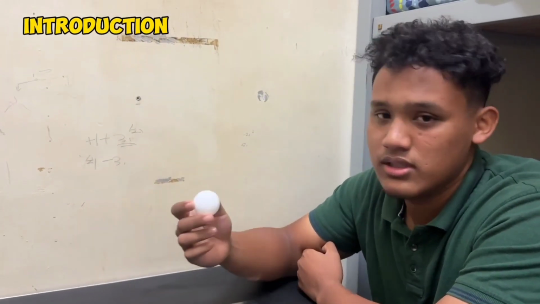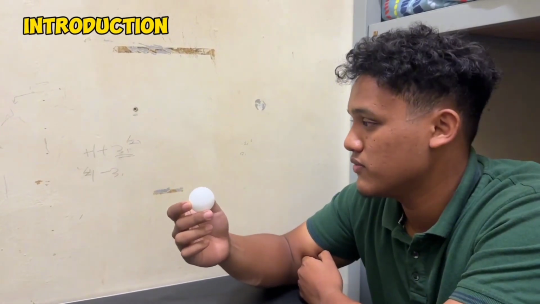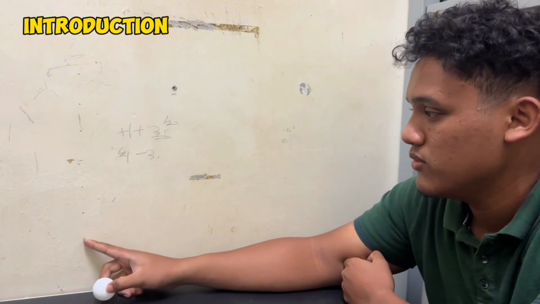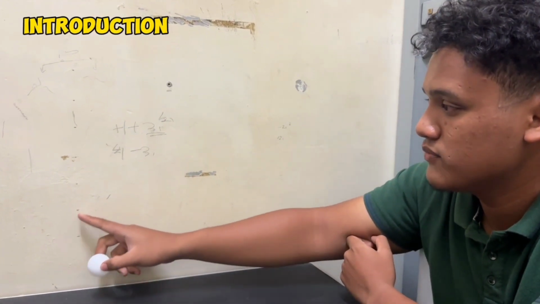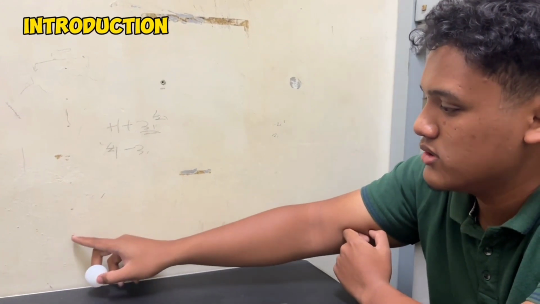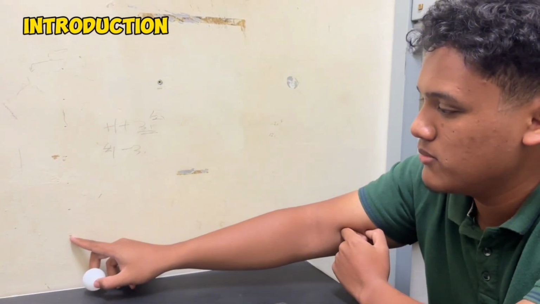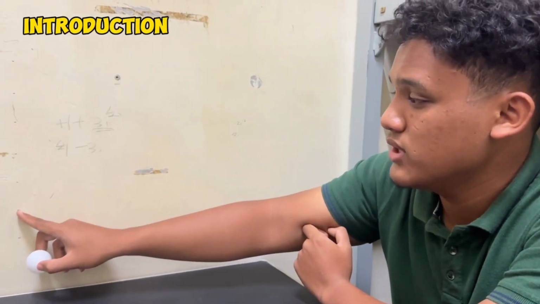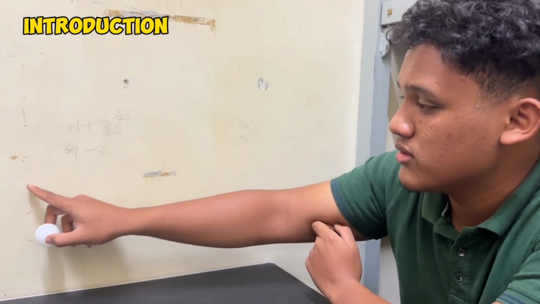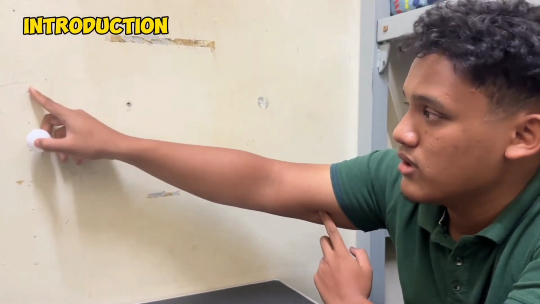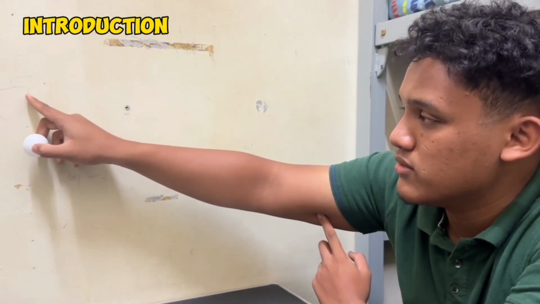This is the specimen that we use for the experiment, and the scale we have to measure. This is 100 millimeter, and this 150, 200, 250, 300, 350, and the last one is 400.